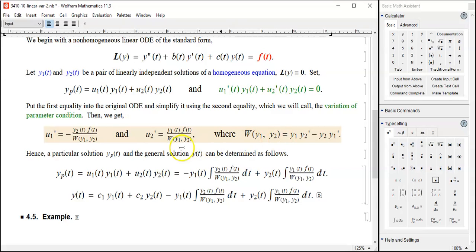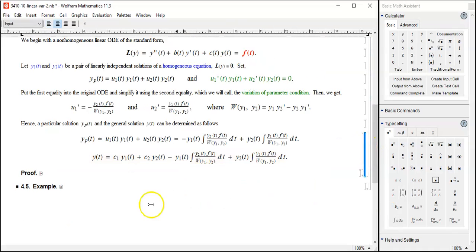And that goes to the denominator. And of course, those are u1 prime and u2 prime. In order to get u1 and u2, you have to take the antiderivatives, this integral and that integral. That's your yp. Now, if you add this yp to the general solution of the homogeneous part, then you're going to get the general solution of the non-homogeneous equation.